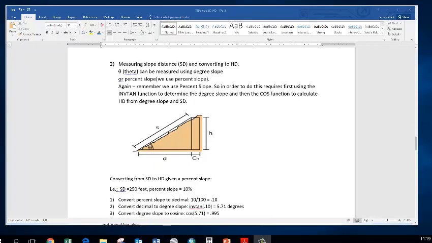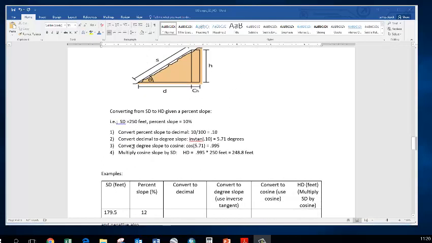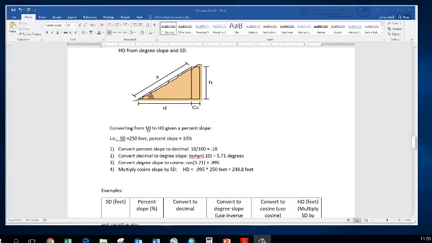The other method that you could use, like I was saying, if you're stuck on a big long slope and you wanted to go ahead and measure the angle in percent slope and then the slope distance, you can convert it to horizontal distance by following this handy dandy little formula right here. In this case, we're pretending that the slope distance measured was 250 feet, and that the percent slope was measured as 10%.